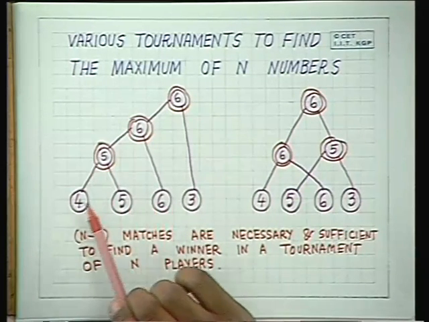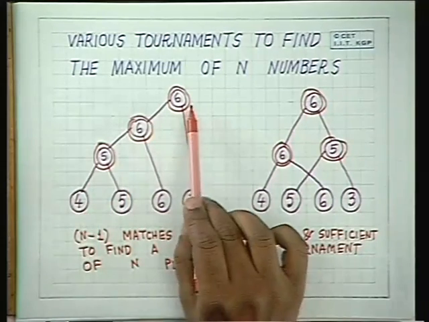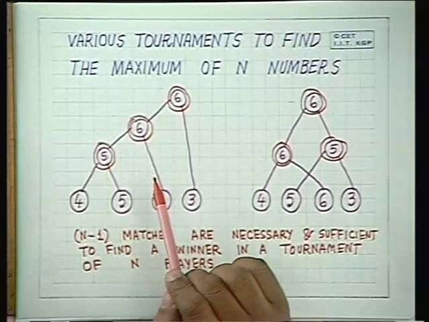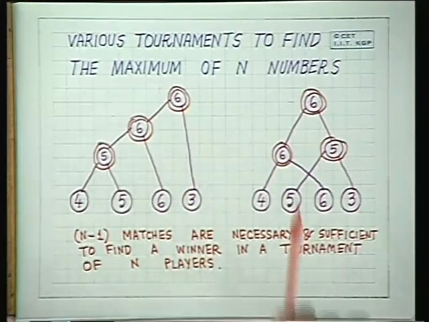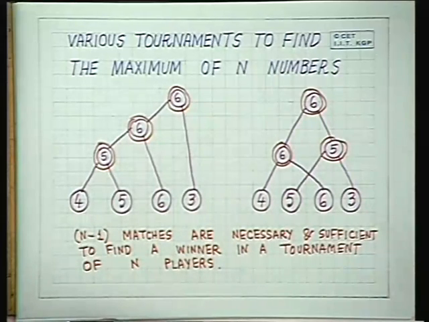But in finding the maximum of n numbers, we took the easy way out and we did it this way because it made programming easier, and it was possibly the most efficient way in which you can find the maximum of n numbers, because you just cannot reduce the number of steps.